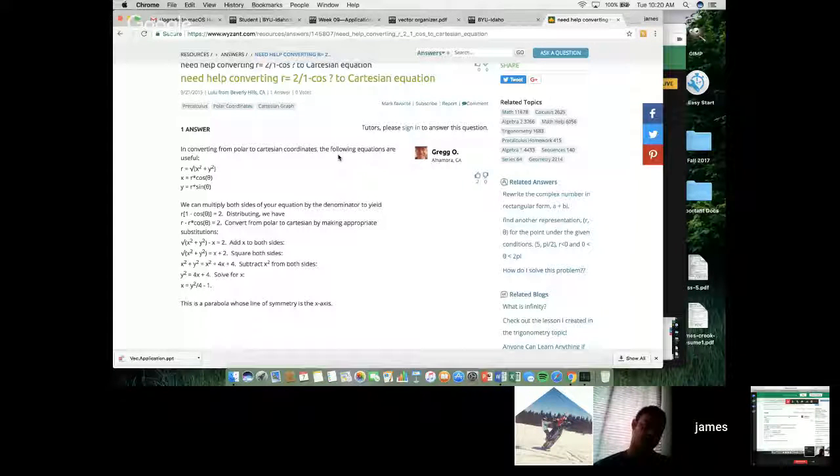Minus x equals 3. And then square both sides.